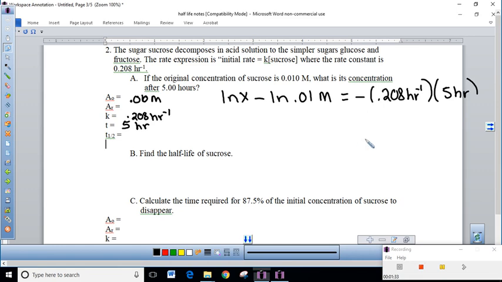Okay, so rather than go through all the algebra again, do this side, add that over. You take a second, see if you can get this. Pause the video, see if you get the answer. Don't forget the ln when you bring it over here.